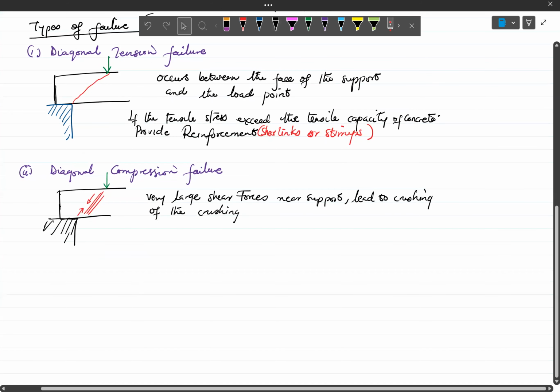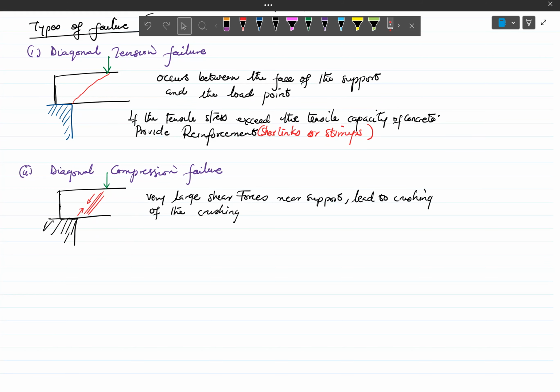Normally there are some limitations in the code to avoid this kind of failure. And to avoid this kind of failure, we just say that the maximum shear stress in the beam should not exceed a certain value. All right. So the maximum stress should not be greater than the lesser of either 5 newtons per millimeter squared or 0.8 square root of FCU.